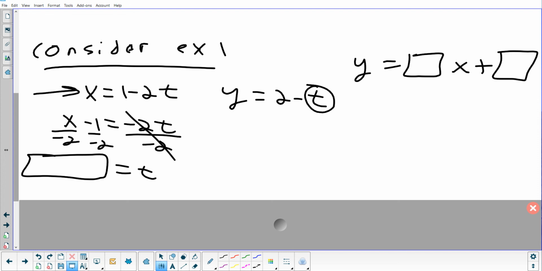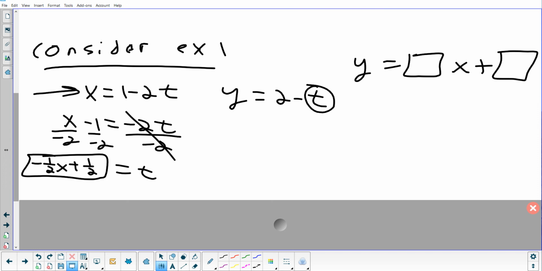And x divided by -2 is really -1/2 x, kind of getting it ready for y equals mx plus b. And what's -1 divided by -2? 1/2. Okay, so we've solved the x equation for t. That's step 1. And if you can't do that, you're stuck. So we were able to do it, so that's good.